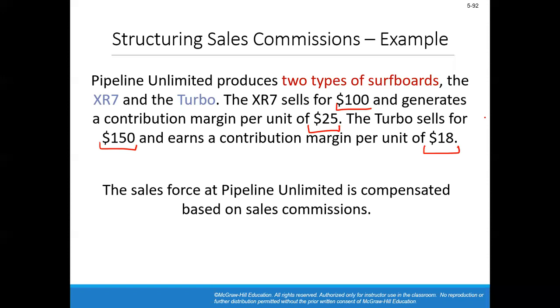Now, the sales force at this company is compensated based on sales commission.